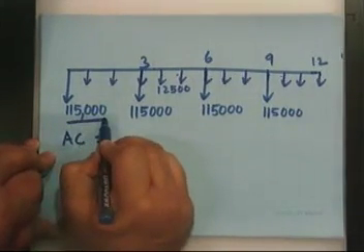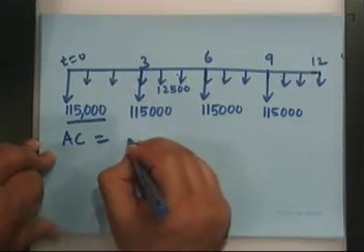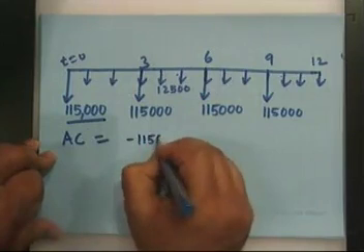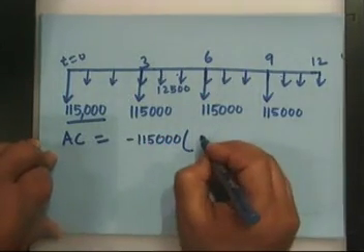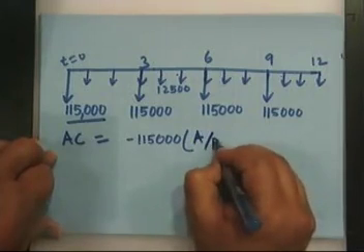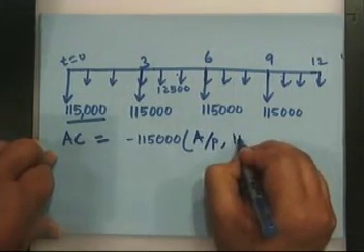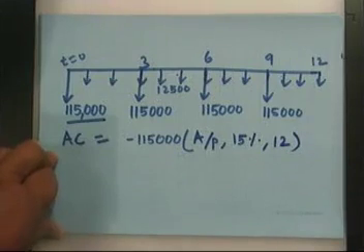This we want to analyze at time t is equal to 0. This would be minus 115,000. What I need to multiply it with? I am interested in finding A. I know P, so I will do A given P, 15%, 12 years.